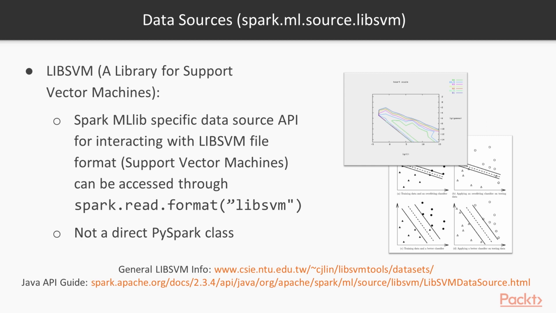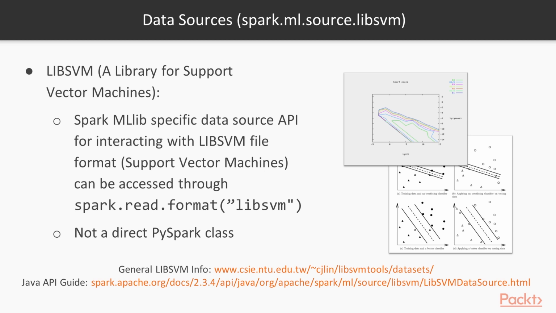The next topic is one that's actually a bit funny because it is not actually a PySpark class. You will not find any information on this specific part of the machine learning library in any of the PySpark documentation. The reason is that it is a source that is defined inside of Java or Scala in the Java virtual machine. It is support for the support vector machines library type, which is called libsvm.